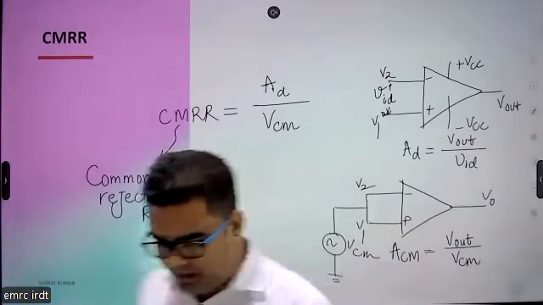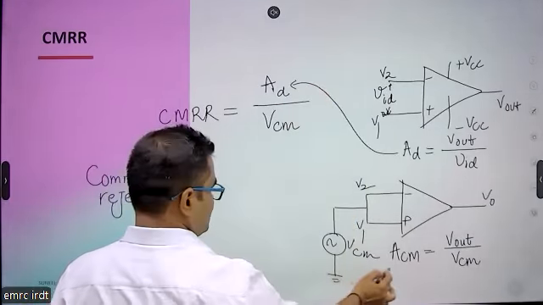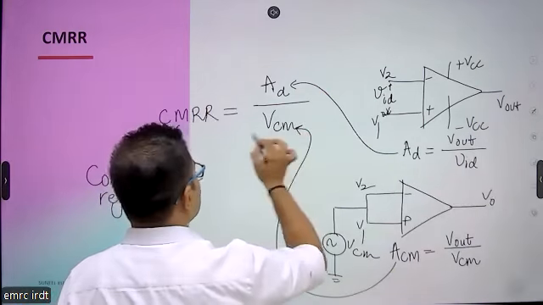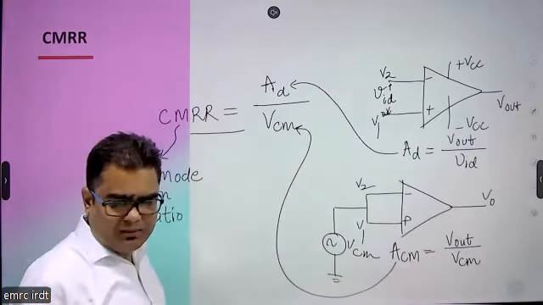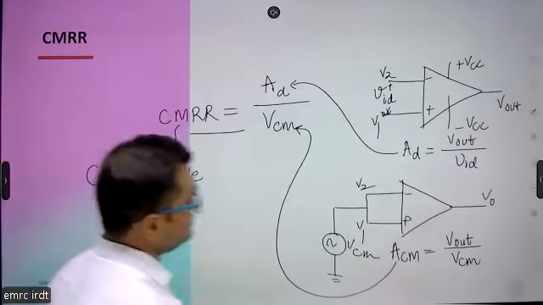The ratio of these two gains is known as CMRR, the common mode rejection ratio.